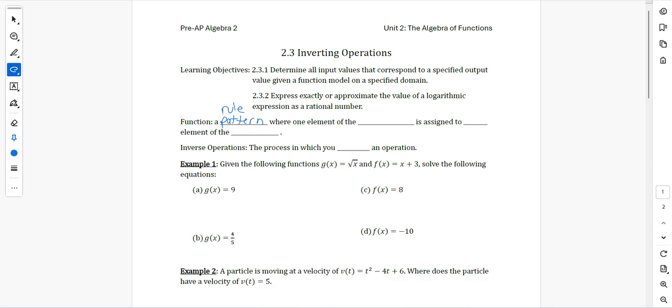Now, when we think about a function, what are some other phrases or words we see when we talk about a function? And maybe even think about how we complete this definition. It's a pattern where one element of the blank is assigned to blank element of the blank. What kind of words, when you think about function, or maybe I'll even throw out there function notation, what are some words that we use when we think about a function?